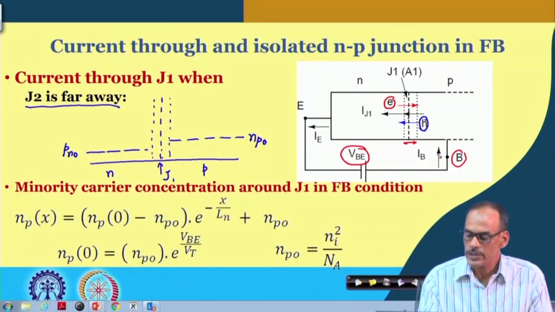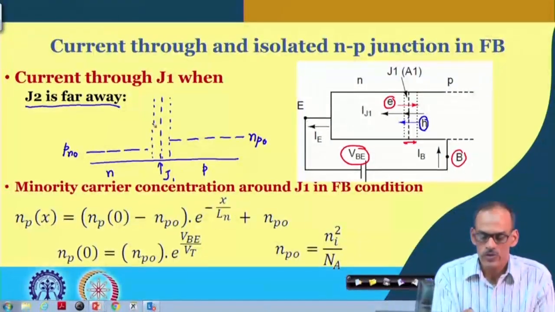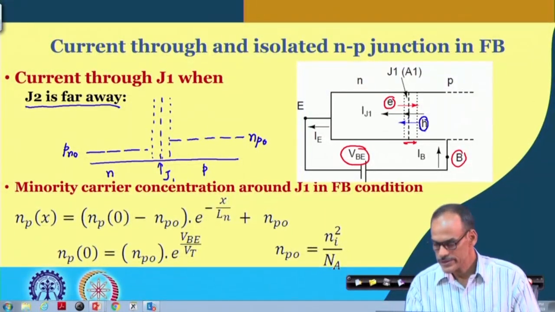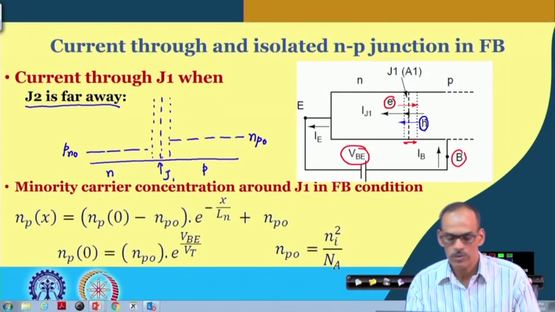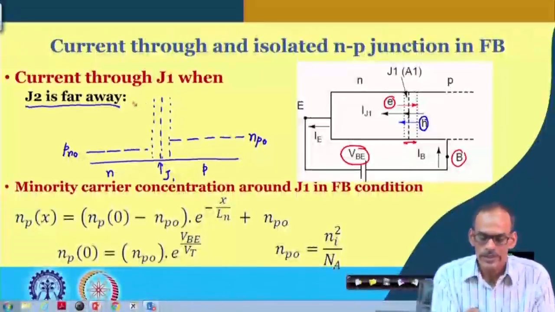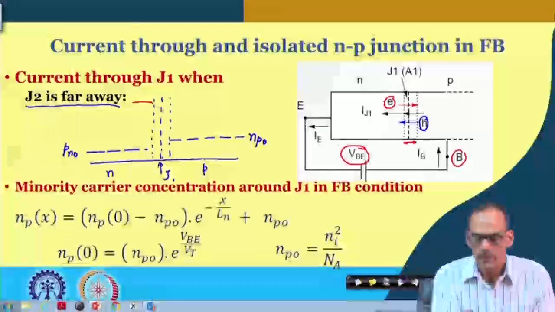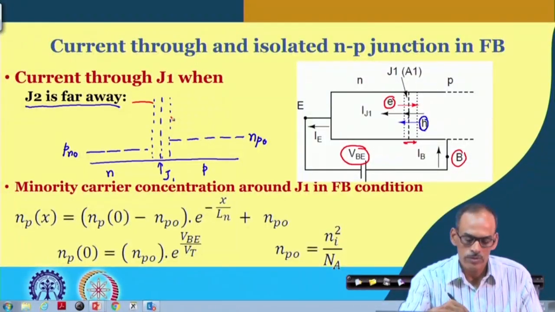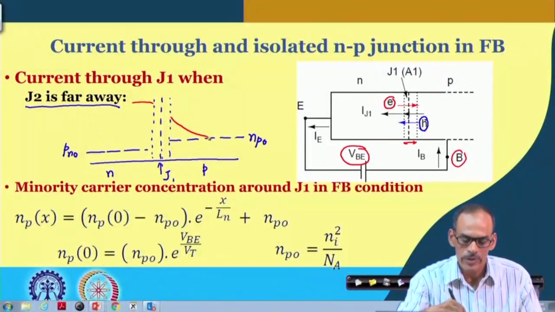And if it is getting forward biased, from the P region it is expected that a lot of electrons will be penetrating, and as a result its concentration, particularly beyond the depletion region, will have an exponential fall like this.